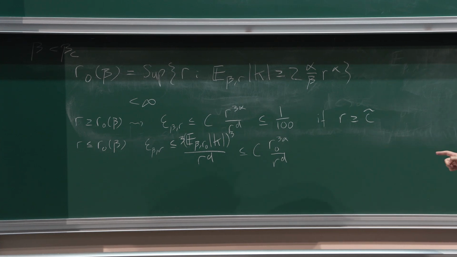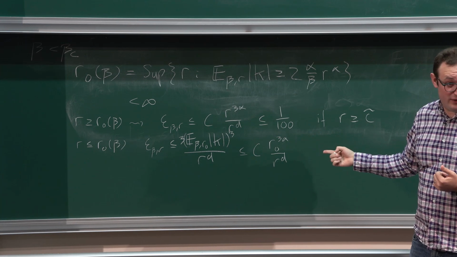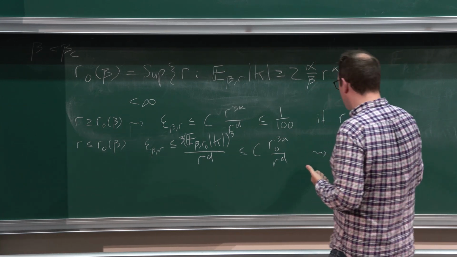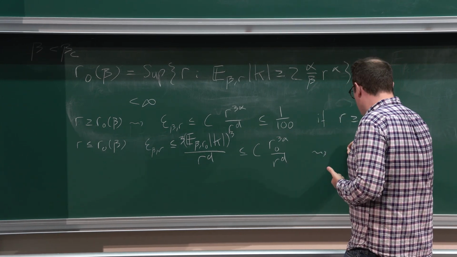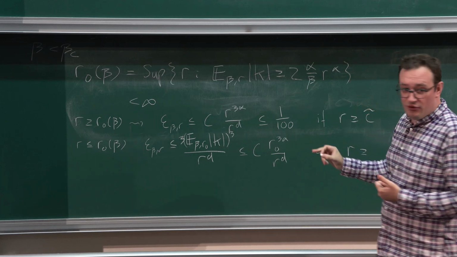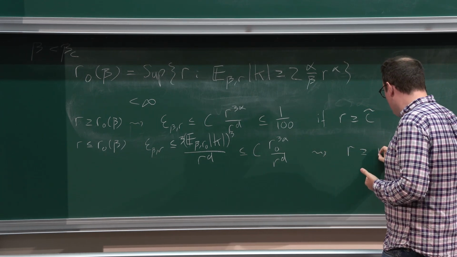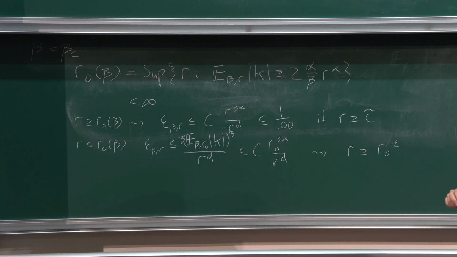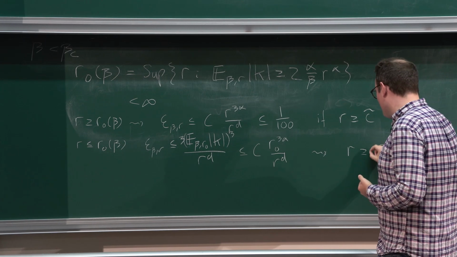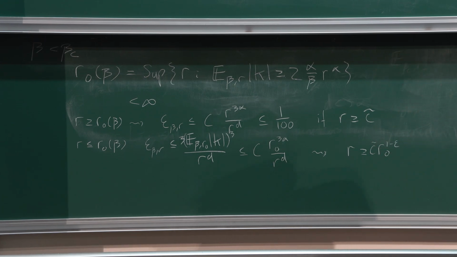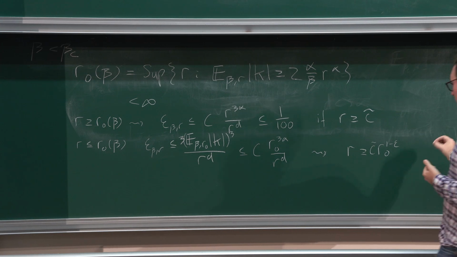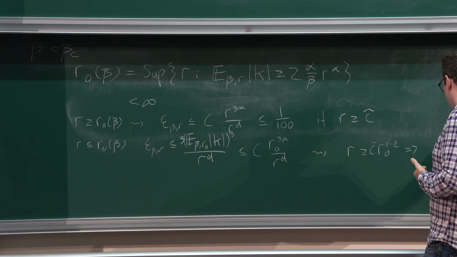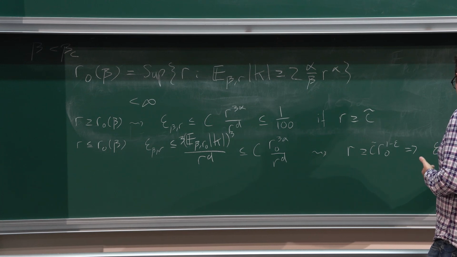Now, the point is that d is strictly larger than 3 alpha. So what this means is that there exists a constant so that if r is smaller than R0, but bigger than R0 to the 1 minus epsilon, times some constant, again, just to be careful, this also implies that the error is small, let's say smaller than 1 over 100.